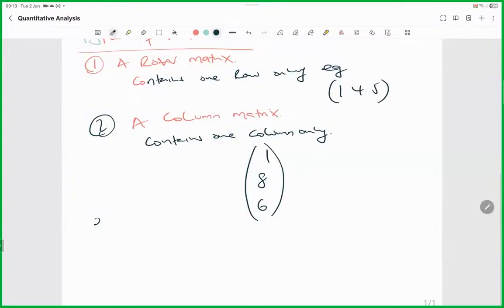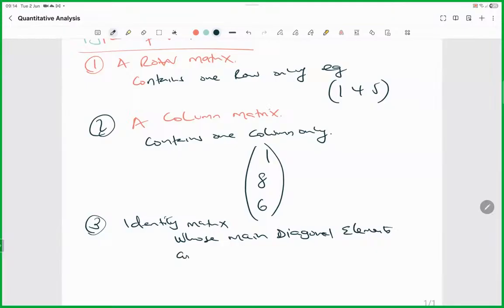Number 3, we have what we call an identity matrix. An identity matrix is a matrix whose main diagonal elements are 1, and the others are 0.